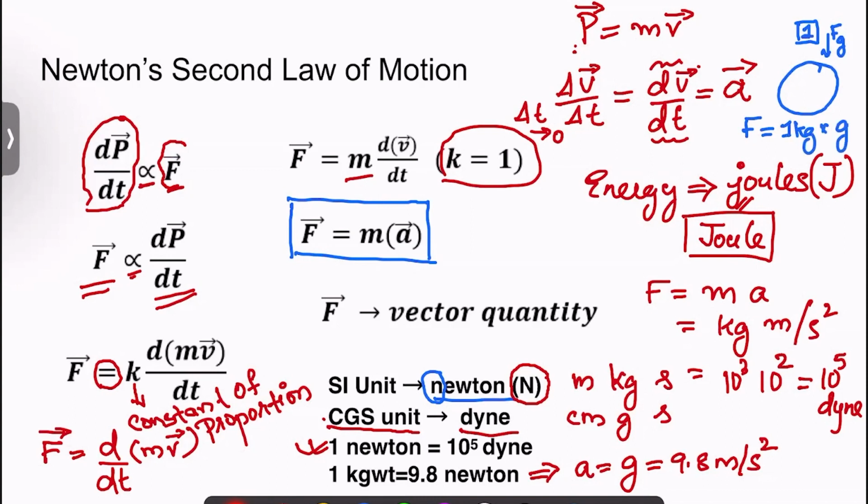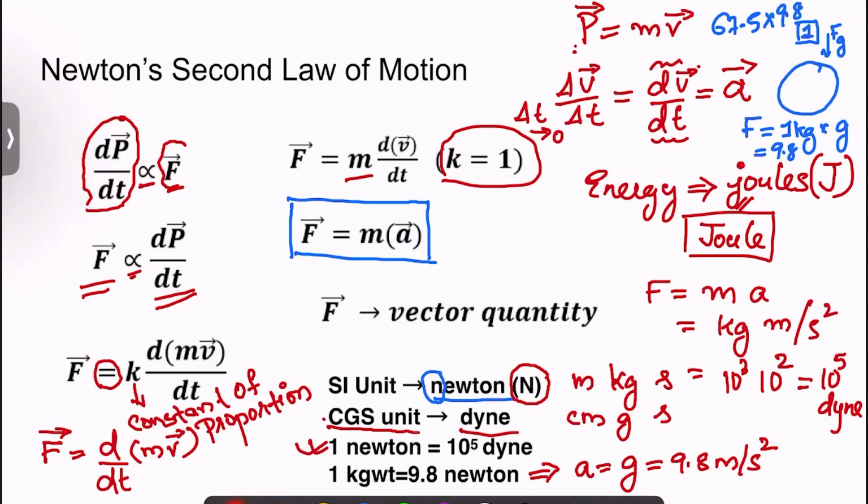Gravity is 9.8, so the force will be 9.8. If you place something 2 kg, 3 kg, 4 kg, it will always be multiples of 9.8. If a man weighs 67.5 kg, then the gravitational force that person is experiencing will be 67.5 times 9.8.